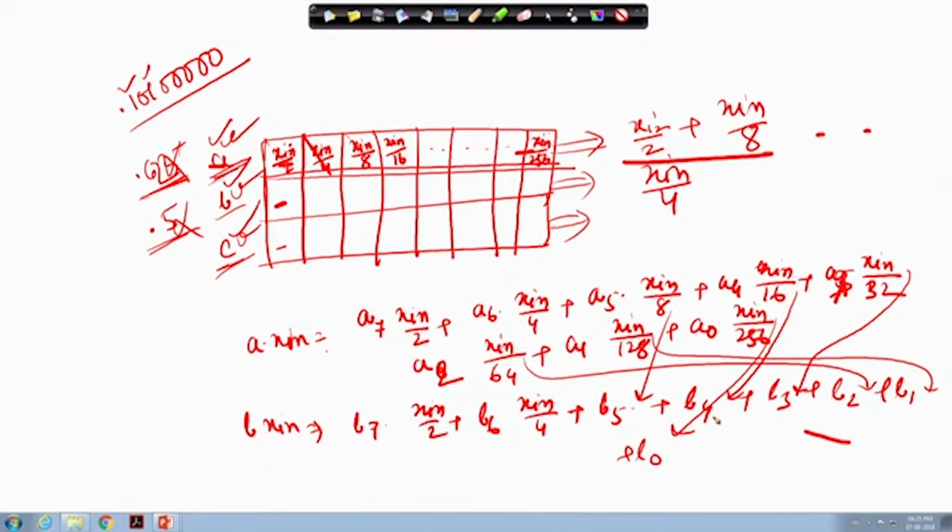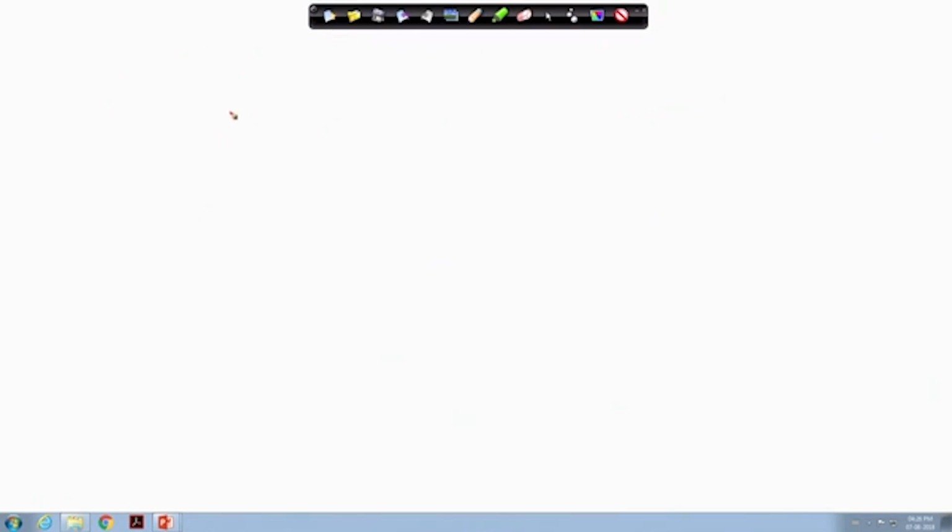That means, if I do not know the values of A, I have to add each of these particular terms in this way. So, what will be the architecture for A into x_in then?